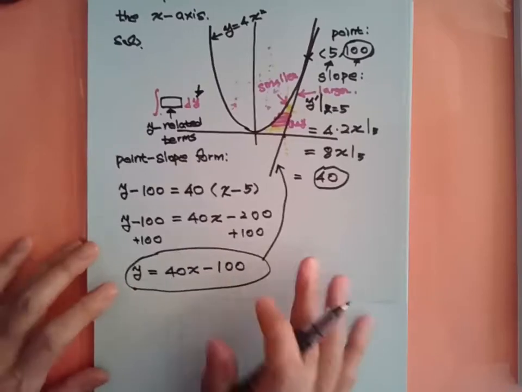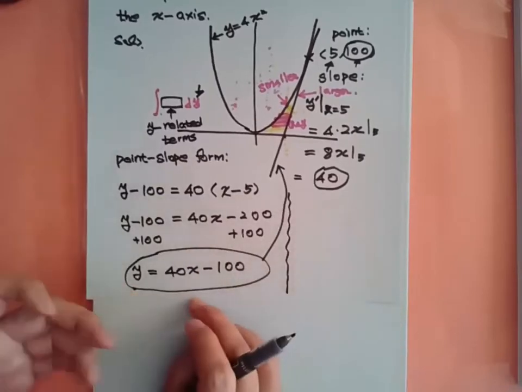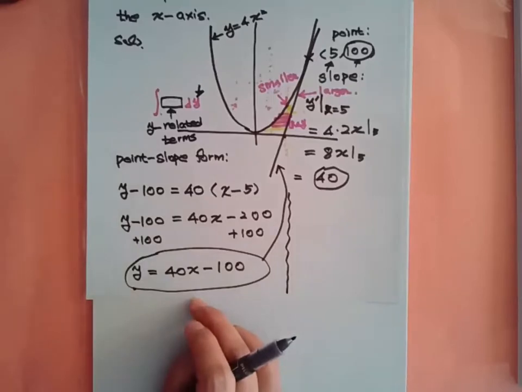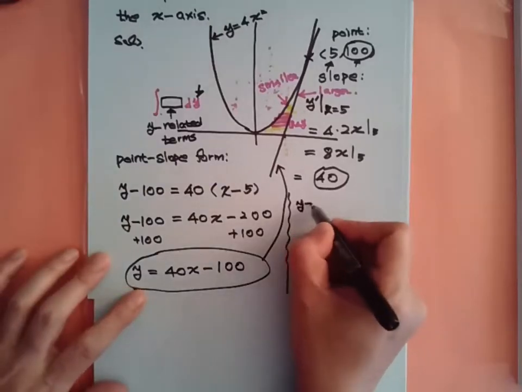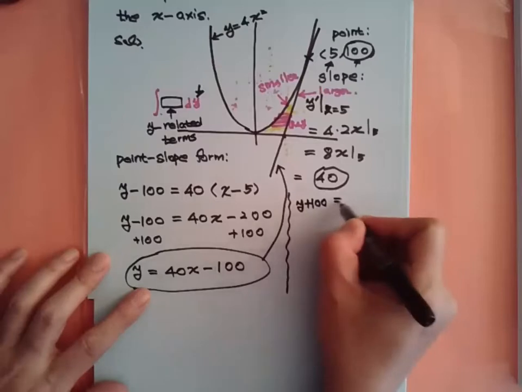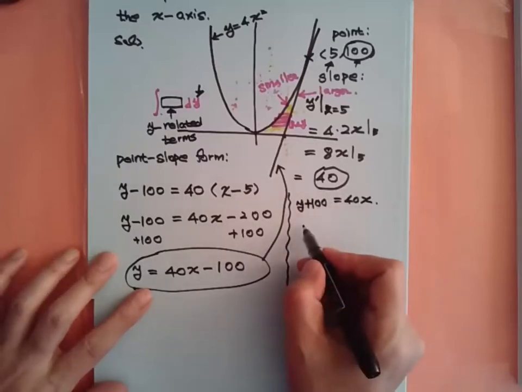However, we have to solve for x to make this x equals something to do with y. So y plus 100 equals 40x, and we divide by 40 on both sides.